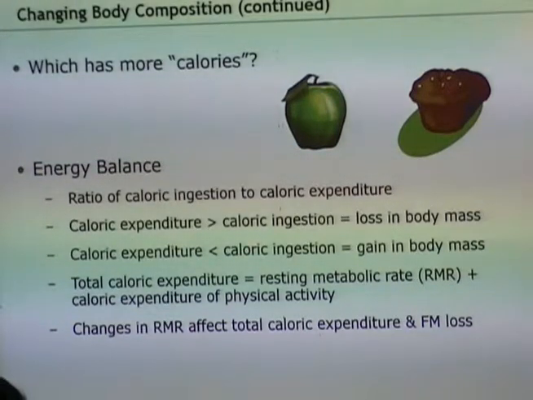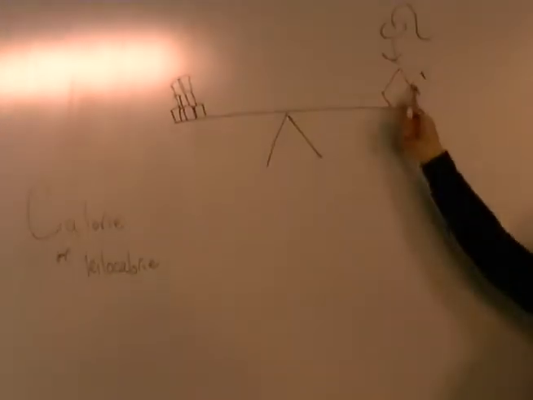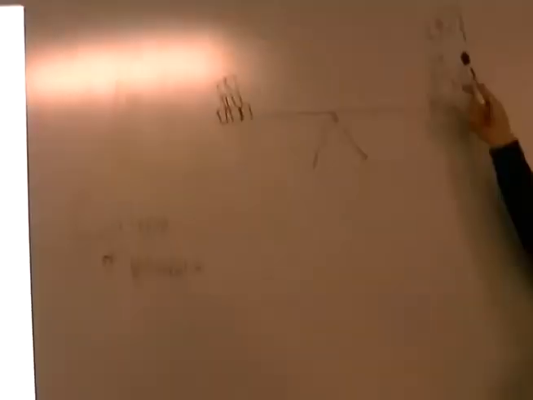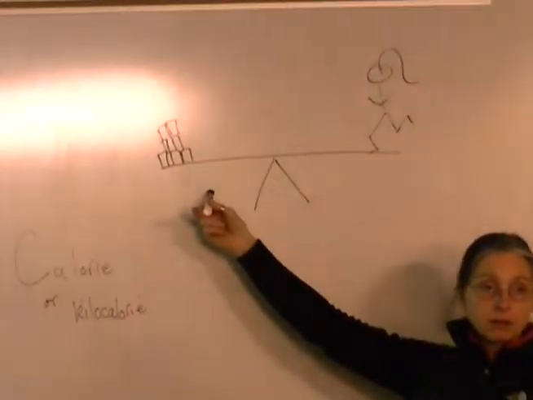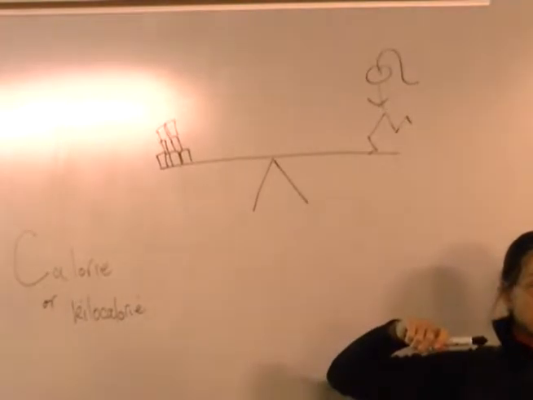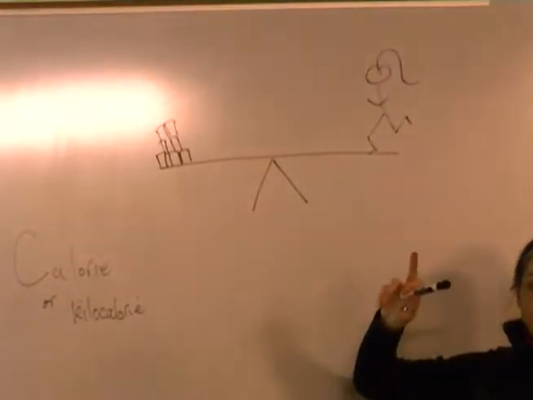So what's this seesaw? What's the ratio of how many calories I use a day versus how many calories I take in a day? Right? So what we see is that if I put more calories out on this side than I take in here, you lose body mass. No, I didn't say fat. You lose body mass.